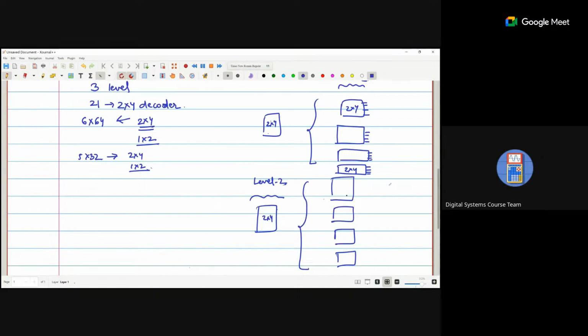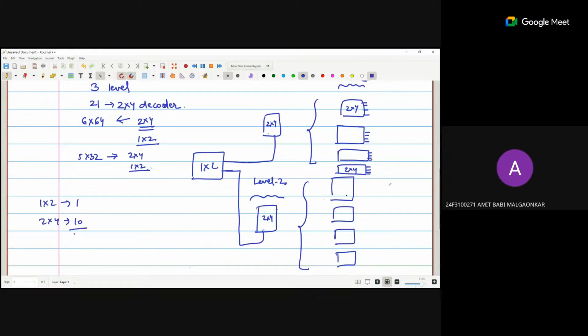We can use a 1 cross 2, because 2 outputs are required to control these 2. So 1 1 cross 2 is required, and 8 2 cross 4 decoders are required.